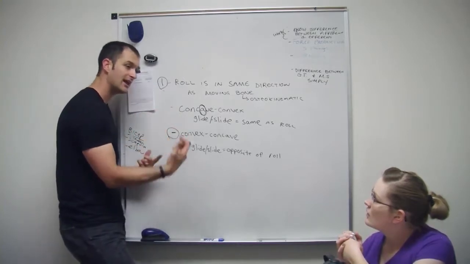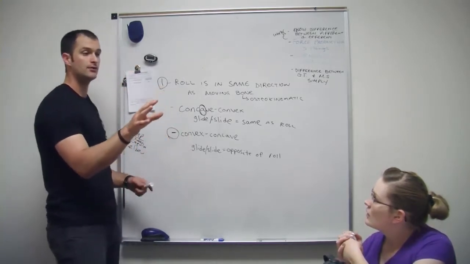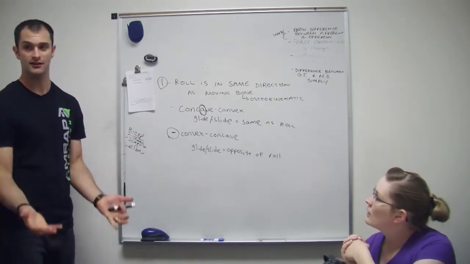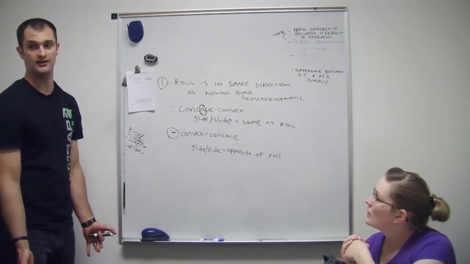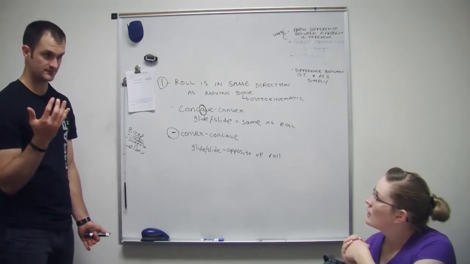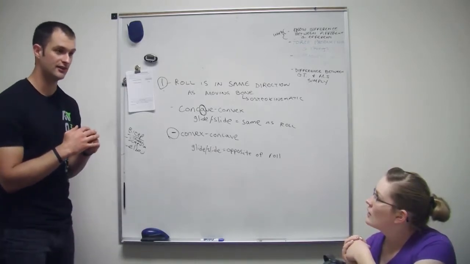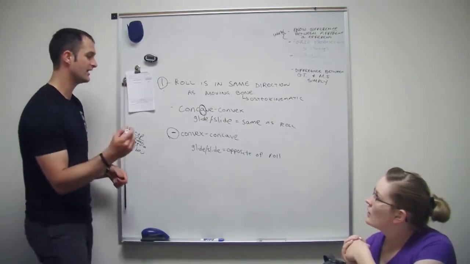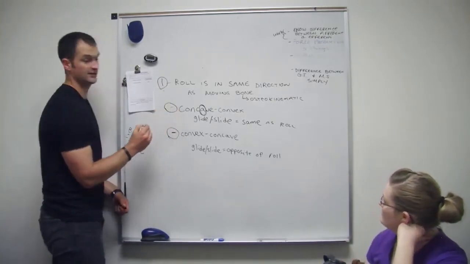So it can't be doing the moving. Now if we were doing an open chain movement, so this is closed chain, if we're doing an open chain, it's the opposite. Our distal segment is moving. So it's our concavity moving around a convexity. So in that case, it's this.